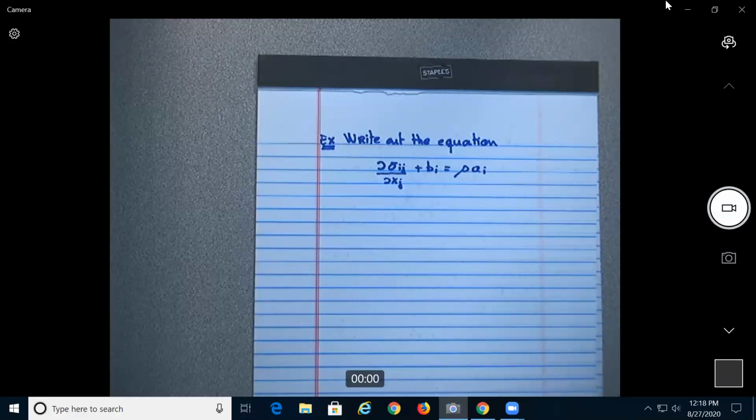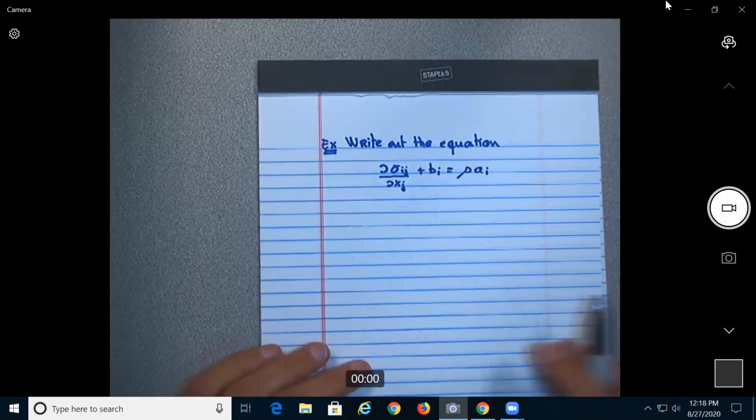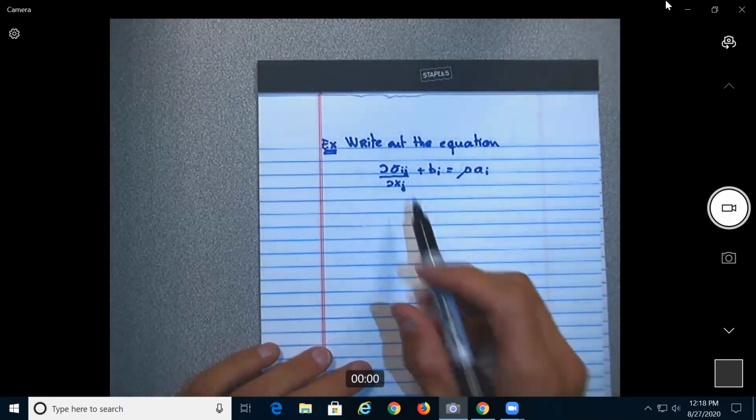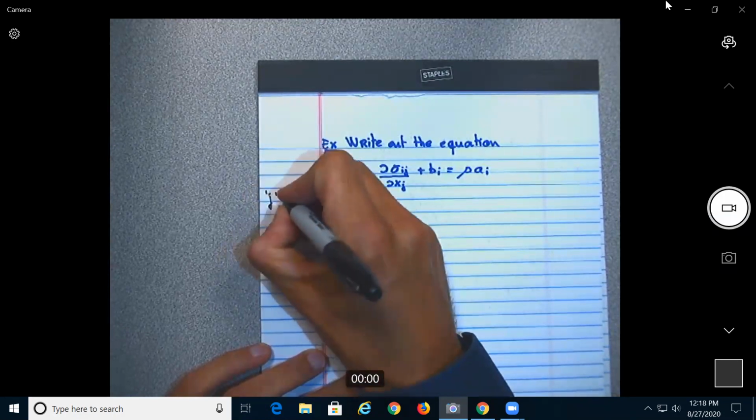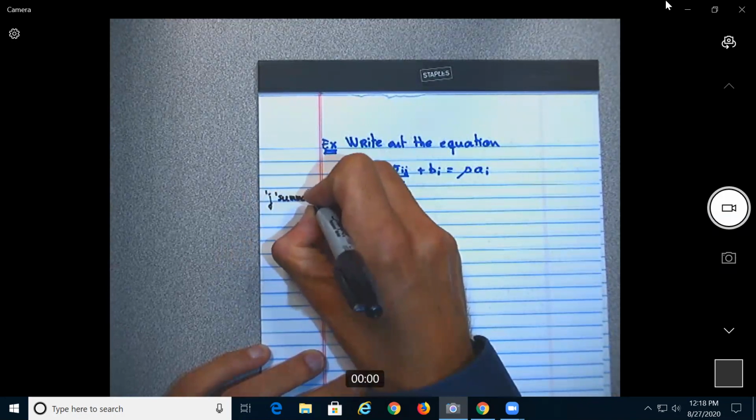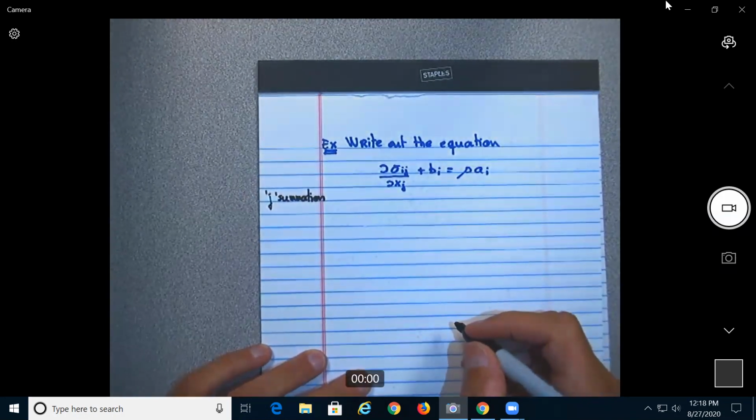Okay, so over here, which one is the repeated index? It is the j. So j is repeated. You need to do the summation over j.